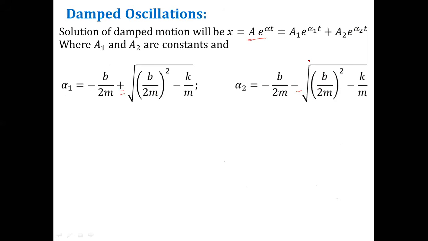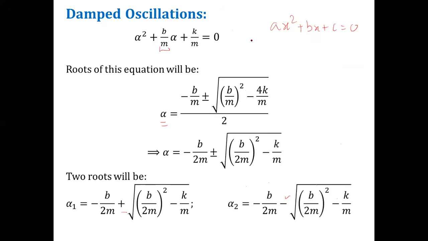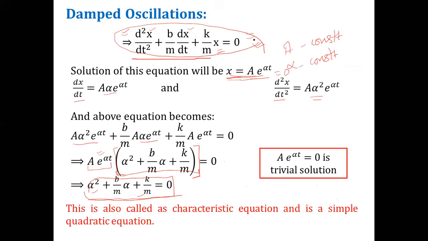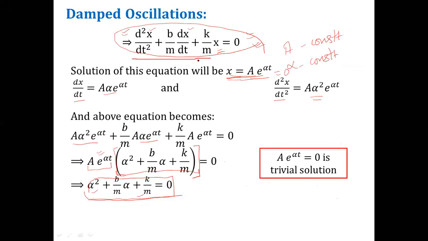Now you have the solution. Either one of these is going to be a solution. If you say that this term is a solution of the equation that we started with, the second order differential equation, d2x over dt2, then the solution is going to be x is equal to A e raised to power alpha 1 t. That is going to be its solution.